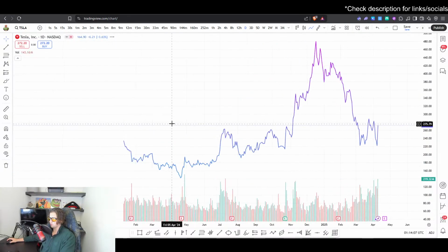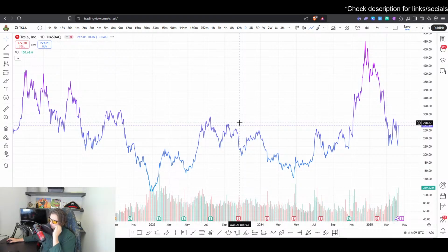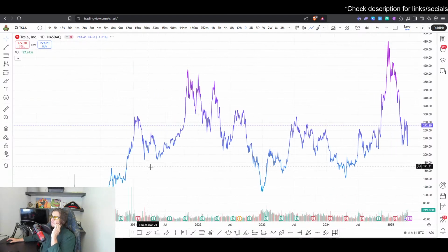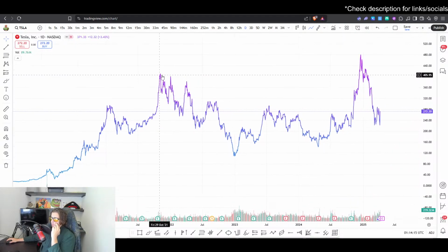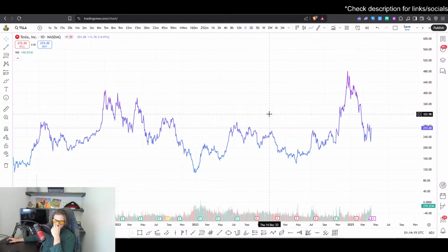Now the line chart is good for an overview, for just seeing how things have transpired over time. But it's not really the best for trading with, because it leaves out some of the information that we want to be focused on when we're looking at price action.